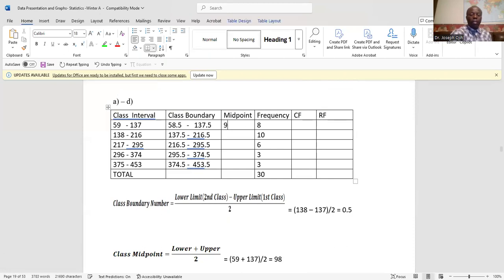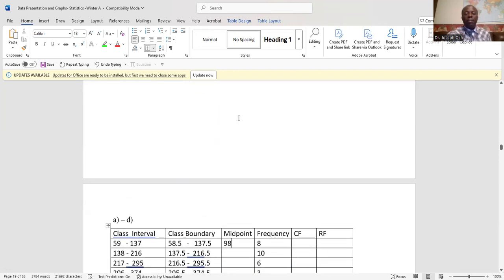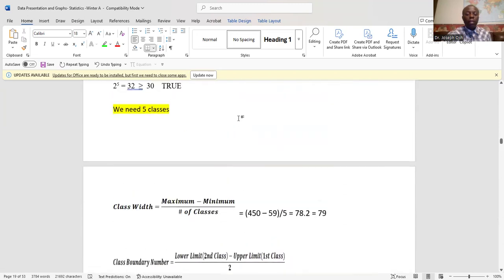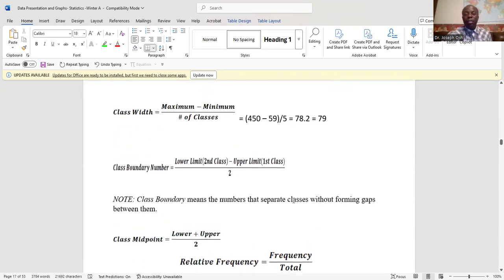Now, the good thing about this is you can follow this method all through. Or once you get the first one, instead of going through the formula again, you can just start adding the class width. Remember that our class width is 79.